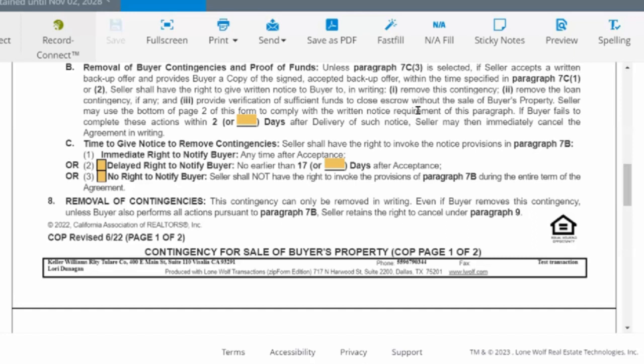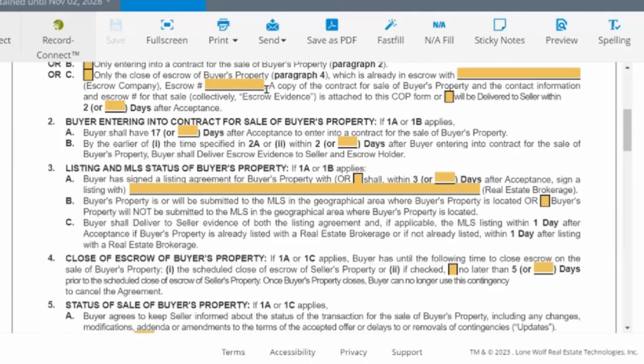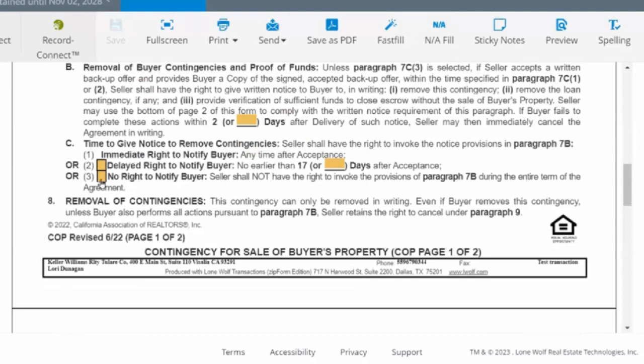Usually a buyer is not going to be in a position to do any of those things. And so that's why we want to mark 3C, because 3C takes away the right of the seller to make them do those things. And so again, I think that pretty much the most important thing on this form is that this 3C box gets marked.